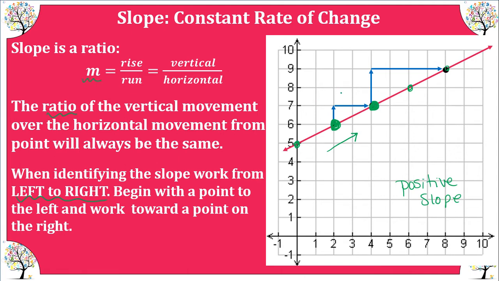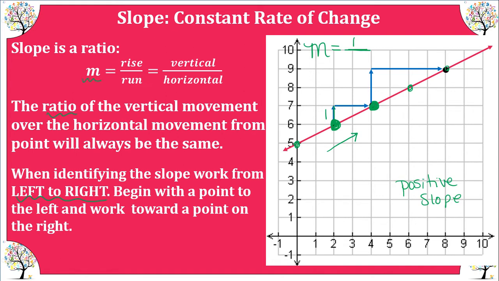And we always calculate the vertical change because that's what goes on the top of my ratio. So if M is my slope, I'm going to have a rise number and then a run number. So I'm going to go up 1, so that's the rise, and then the run is going to the right.